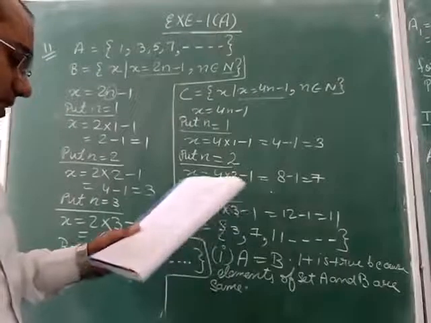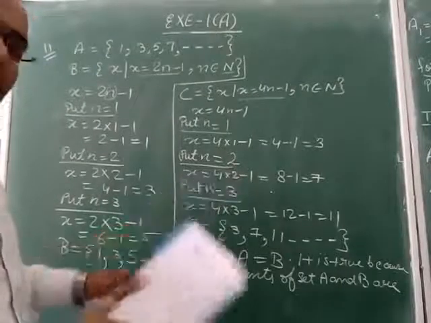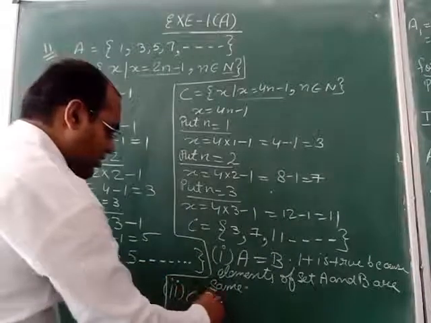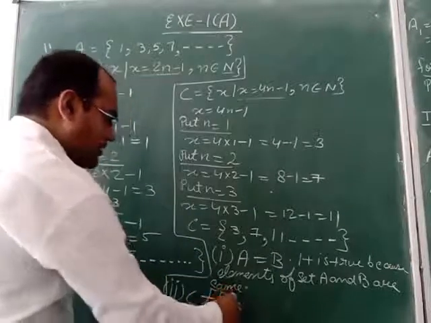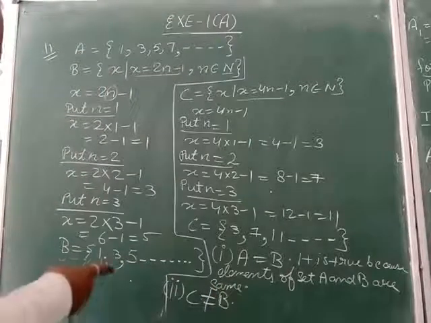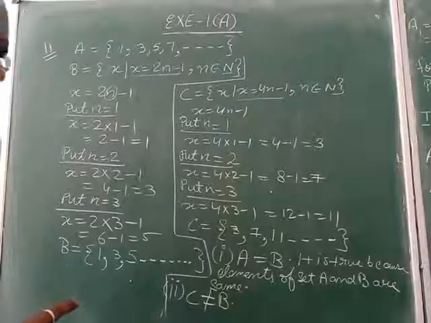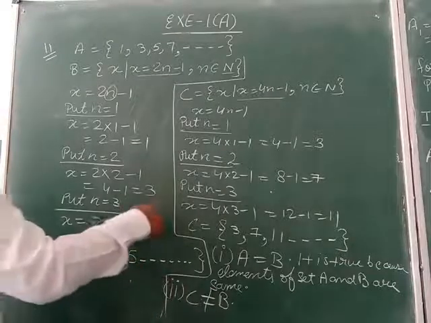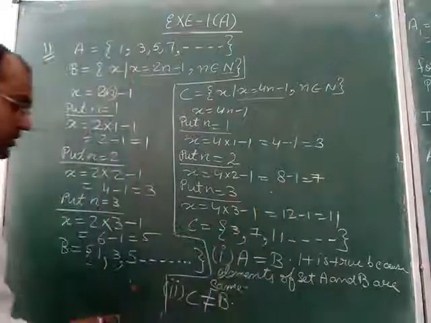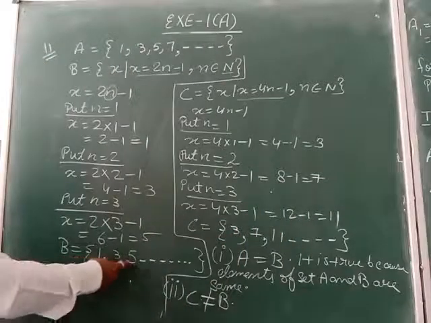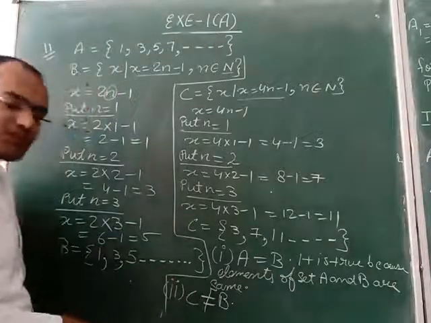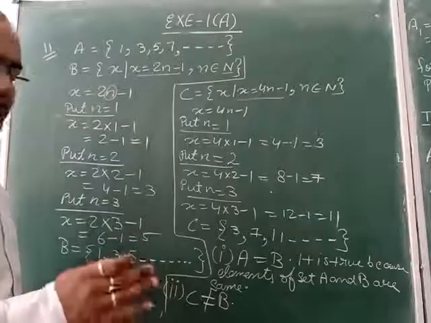Similarly, we have to do second part. Second part is C not equal B. That means elements of C and B are not same. He is asking in the question. C elements, we will check it. Elements of C 3, 7, 11 and so on. B 1, 3, 5. These two are different. These are not same. And in the question also it is given that not equal. That means it is true.